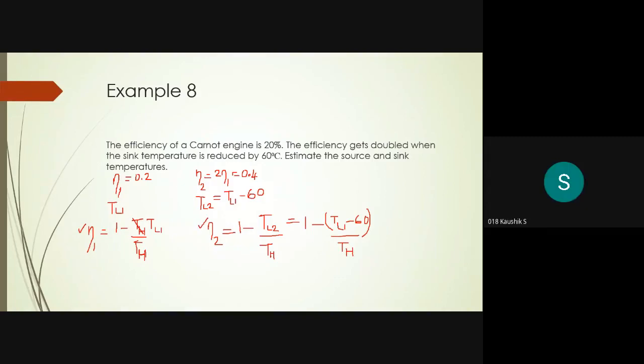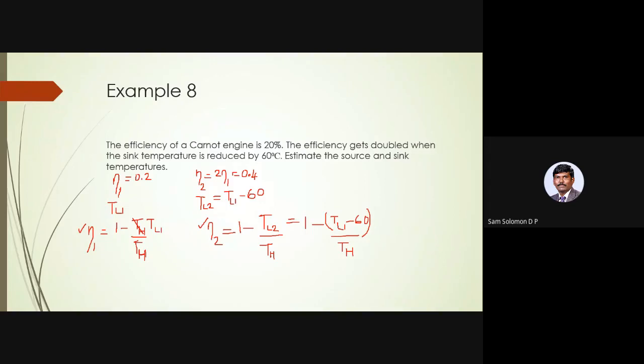Here we have to take the temperature in Celsius or Kelvin, sir? What I have is just the difference in temperature. The sink temperature is reduced by 60. If it is reduced by 60 degrees or 60 Kelvin, both are going to be the same. The difference between the two temperatures is 60.